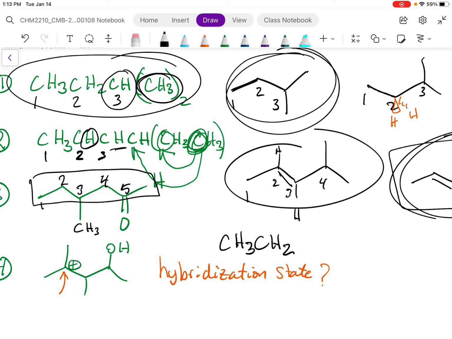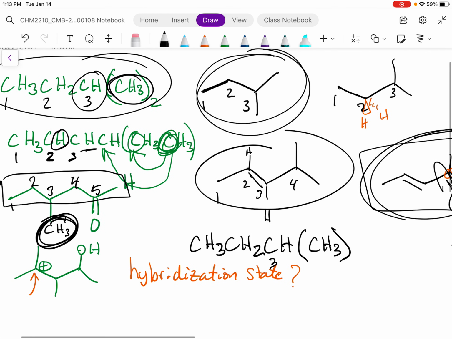Then CH2, that's carbon 2. How many hydrogens are on carbon 3? Only 1. So CH. Now, that is carbon 3, and we know it's bonded to carbon 4 right here. But we also know carbon 3 is also bonded to this methyl. So we have to do the branch point first. And so that branch point right there, that methyl, we're going to put it into parentheses. So we have 1 methyl branching off of carbon 3. That's what that's saying. And then you proceed to go CH2, that's carbon 4. And then you get to 5, which I'll show you in a second.